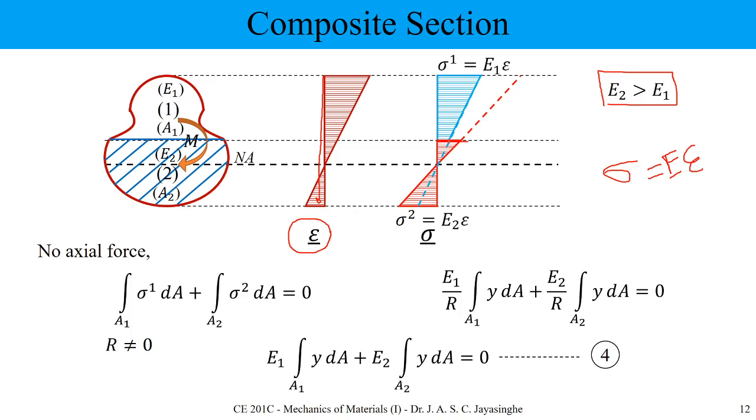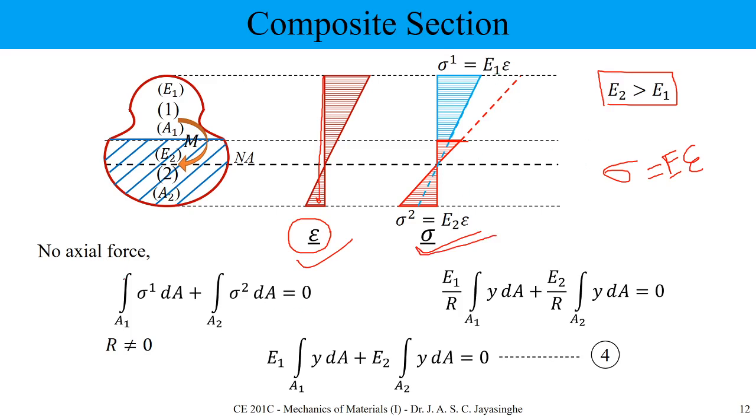After here it jumps directly to a lesser slope, because E1 is less than E2. This is the stress variation. Of course there is no change in strain because we are assuming linear variation considering section compatibility, and the stress jump is because E is changing.